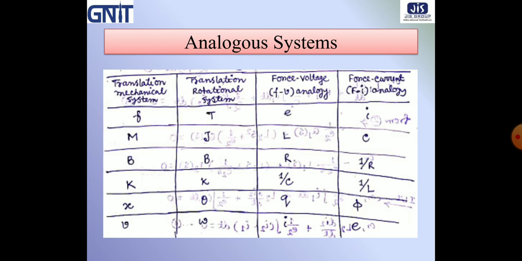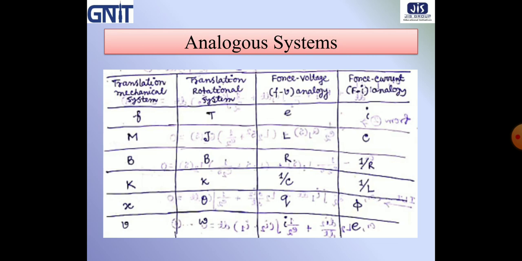The first column is translatory mechanical system, next is rotational system, next is force voltage, that is FV analogy, and next is force current, that is FI analogy. We can see the relation between parameters.